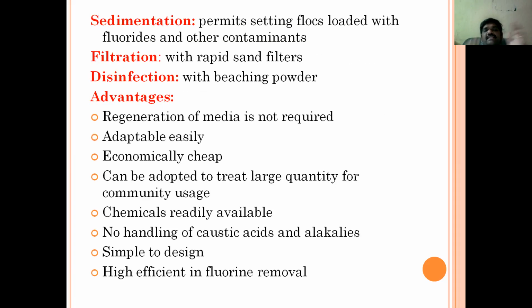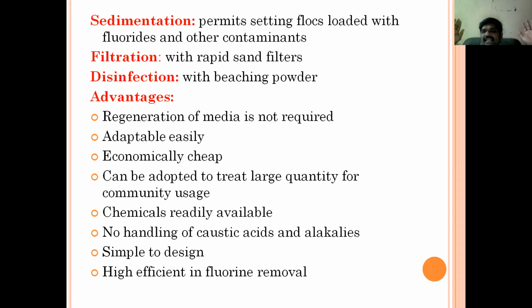It provides defluoridated water of uniform acceptable quality. One more time, the advantages. Regeneration of media is not required; washing and regeneration are not required. Easily we can adapt it. It is relatively cheap. No high technical expertise is required.